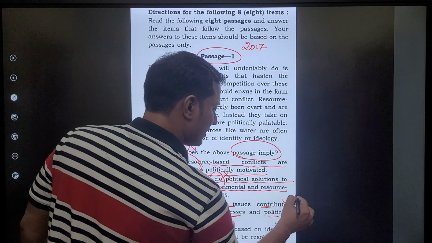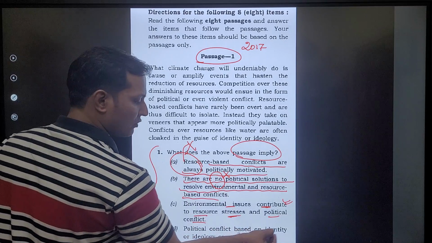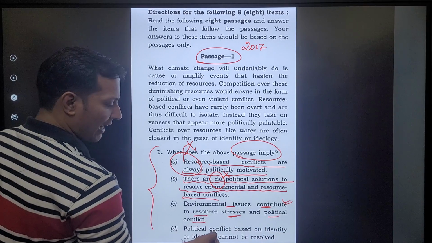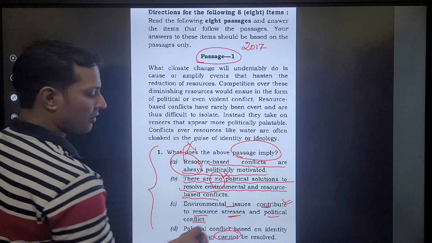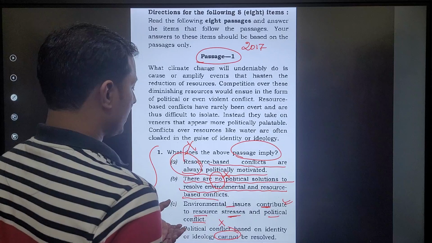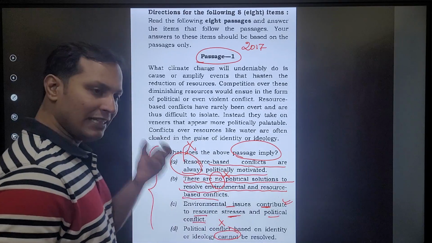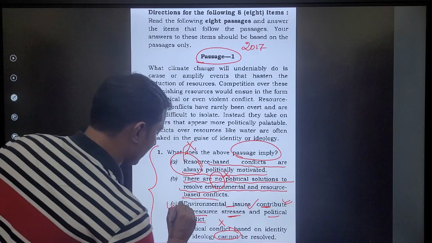It can be correct. And the last statement you see here, political conflicts based on identity or ideology cannot be resolved. Again you see extreme word. You see extreme words, okay, generally they are incorrect. So we get the answer as option C.